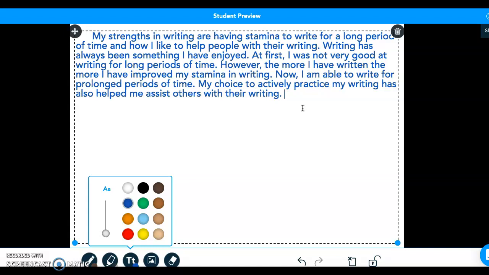Then I'm going to use a little bit of an anecdote, a personal supporting detail. So I'm going to say, I was asked one day by my teacher to do a peer review of another classmate's writing.